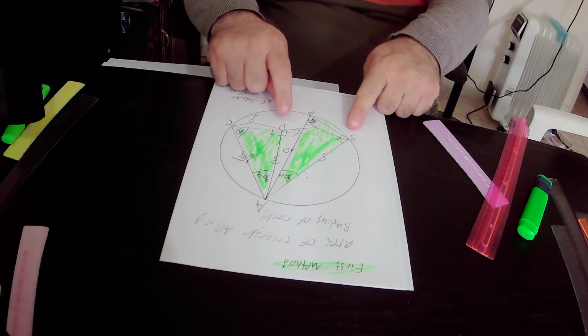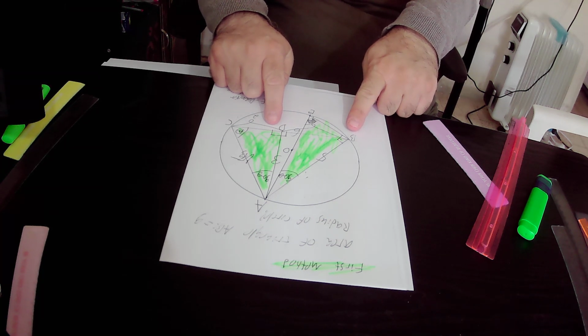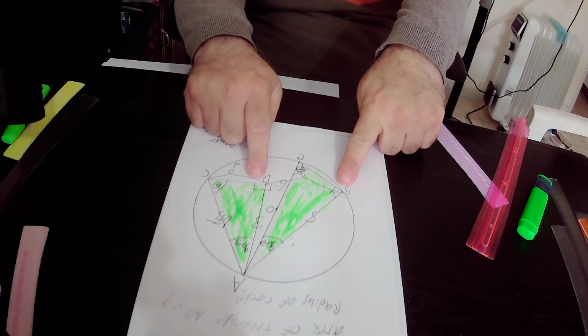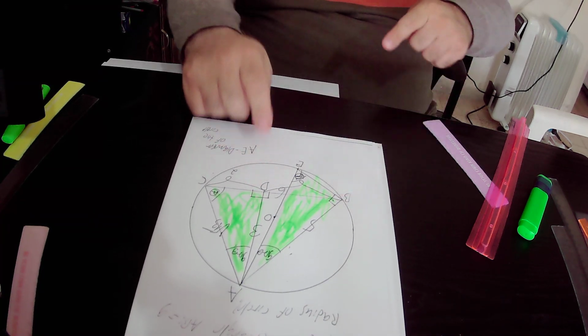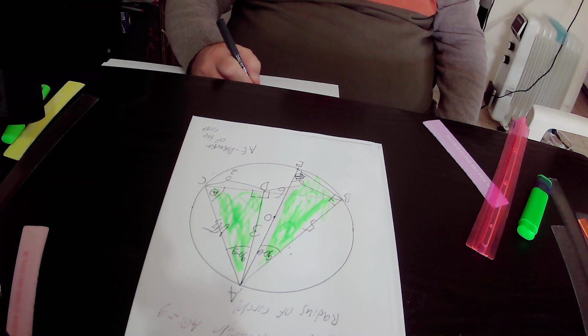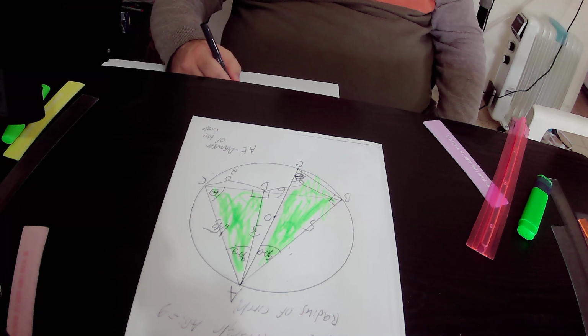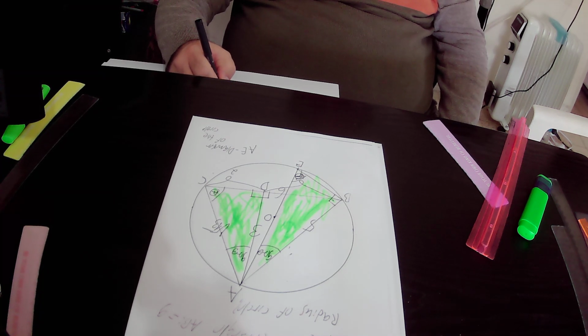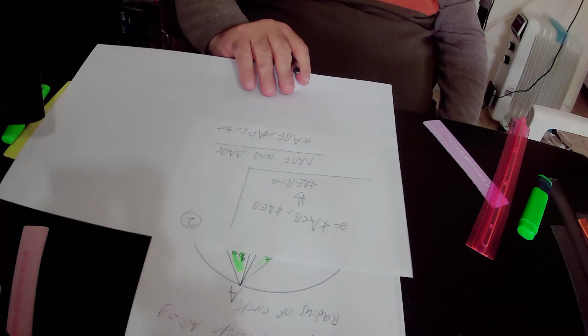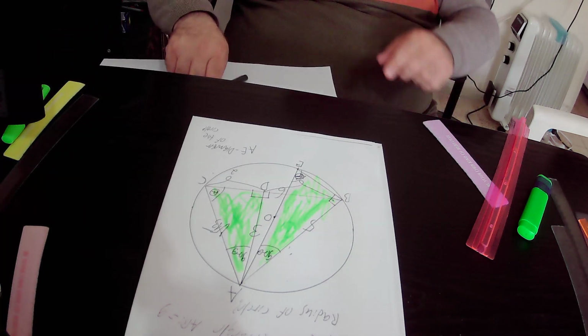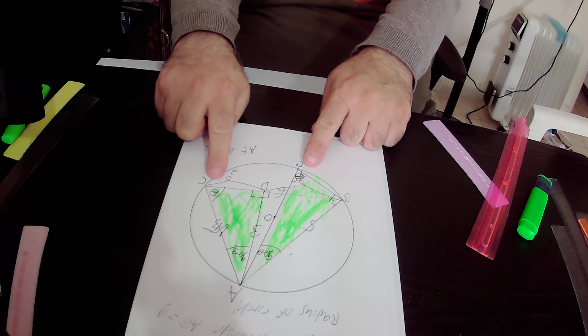First of all, those two angles are both equal to 90 degrees, therefore they are equal to each other. So write it down that angle ABE equals angle ADC, and they are both equal to 90 degrees. Those two angles are both equal to theta, therefore they are equal to each other.